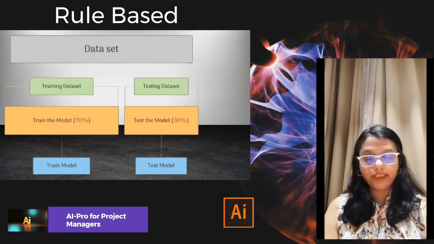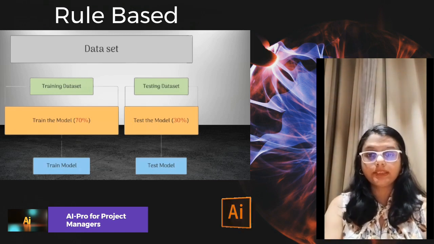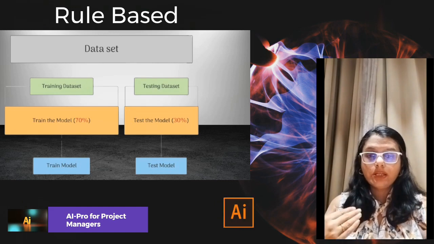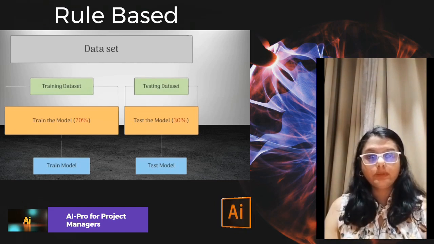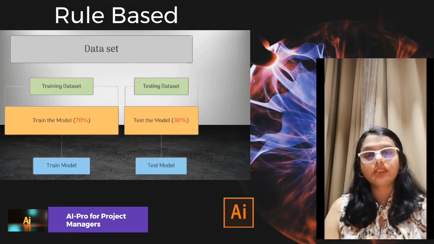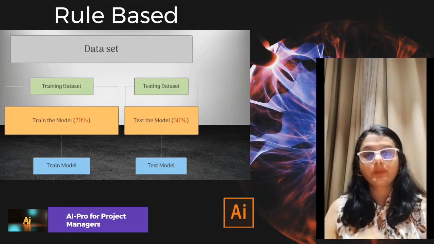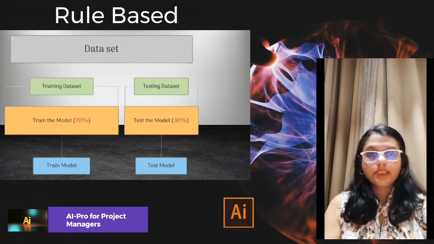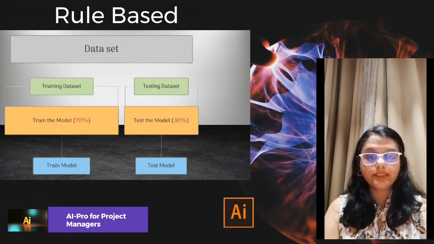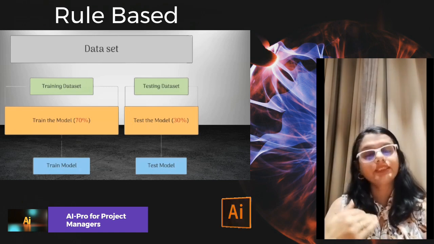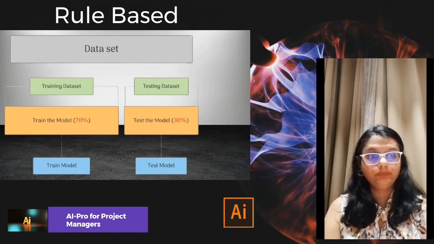One is a training data set and another is a test data set. The training data set comprises 70% of the data set and is used specifically for training the data model. And the test data set comprises 20 to 30% of the data set and usually tests the AI model.